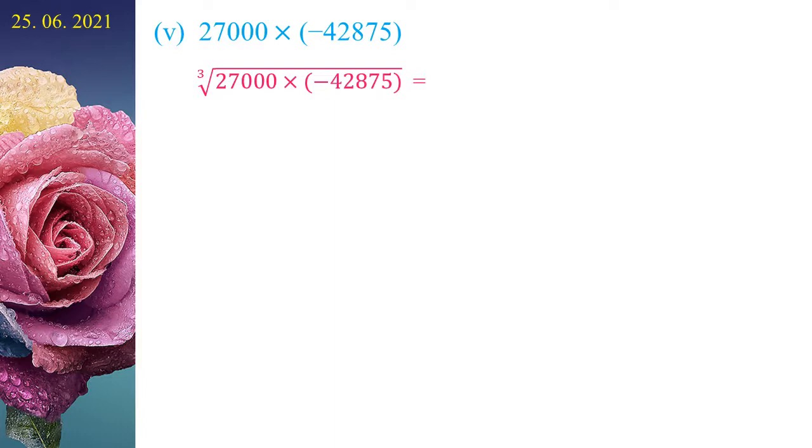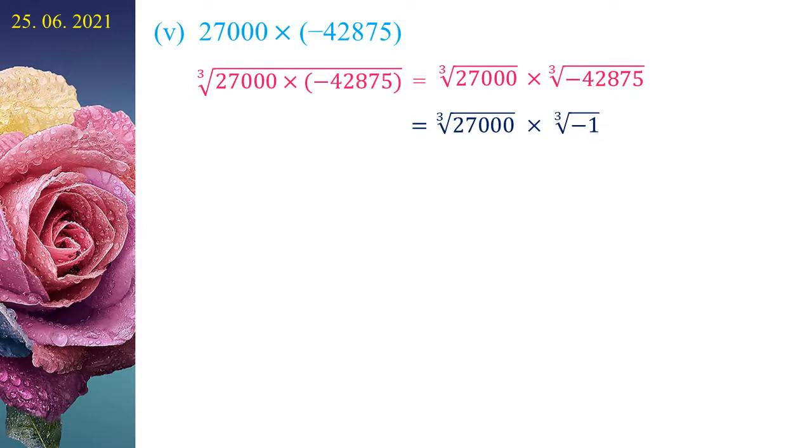So we can write it as the cube root of 27,000 into the cube root of minus 42,875. First, we should write the given negative integer minus 42,875 as the product of minus 1 and the positive integer 42,875.